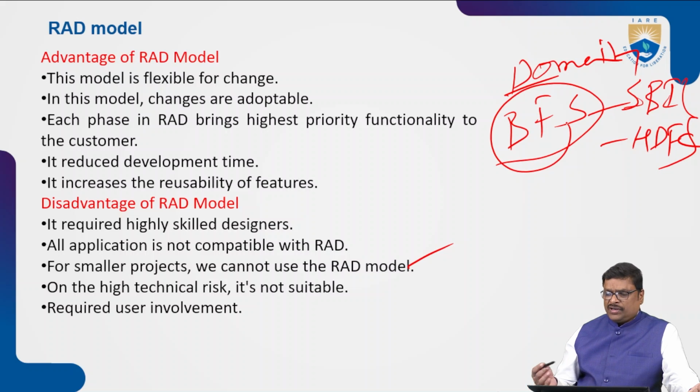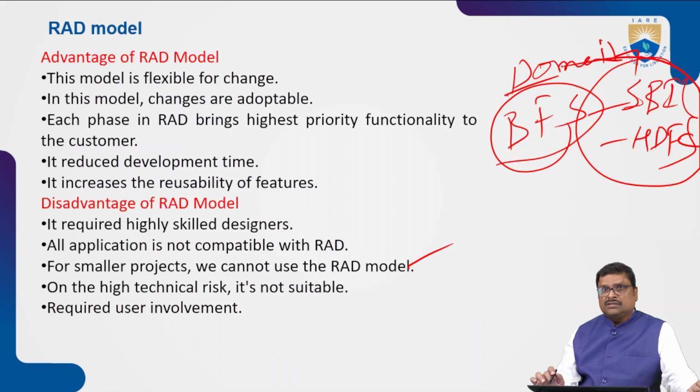The RAD model is not fit for this type of scenario. The reason is the modeling changes. Data modeling, business modeling, and process modeling keep on changing based on the needs of the customer. That's why the RAD model is not suggested for similar projects.